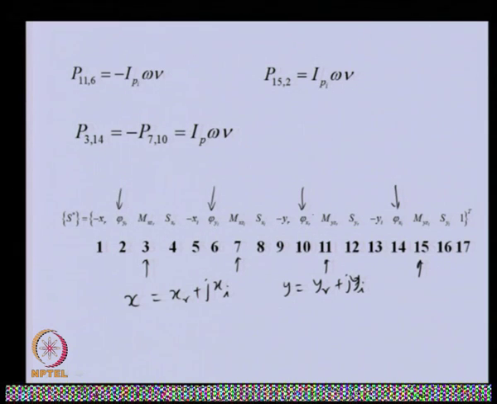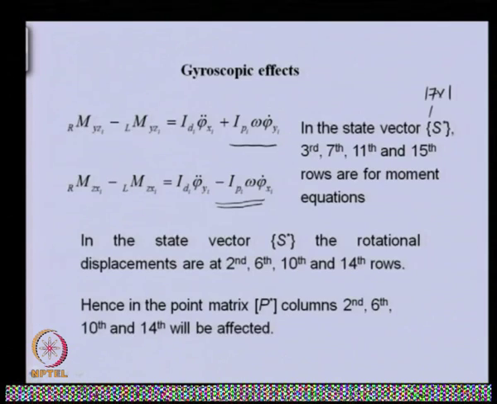So, these terms will come in the 2nd, 6th, 10th and 14th columns. The position of these terms in the point matrix will be the 3rd row, 7th row, 11th row and 15th row. Their columns will correspond to the angular displacement, that is the 2nd, 6th, 10th and 14th.